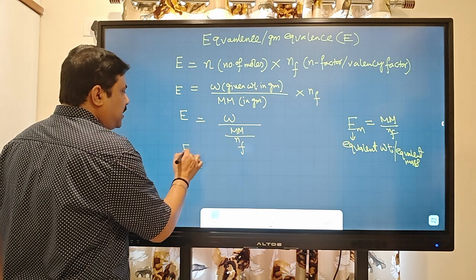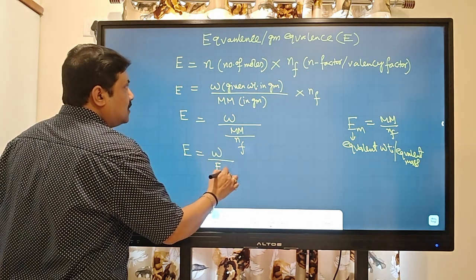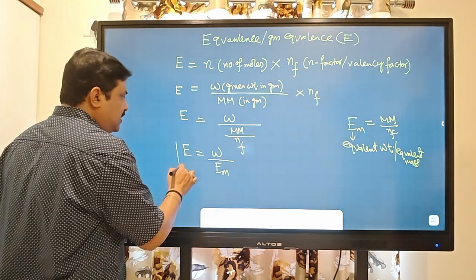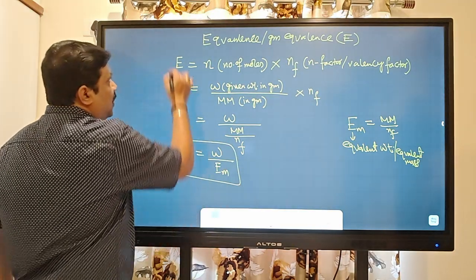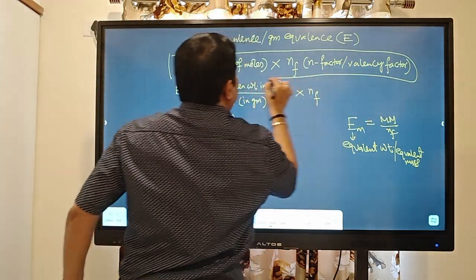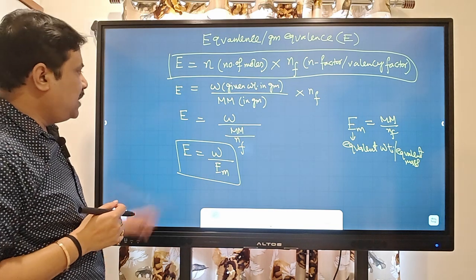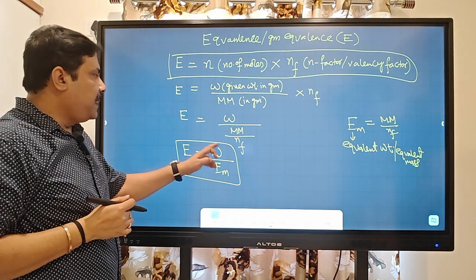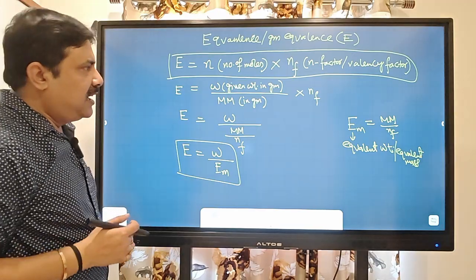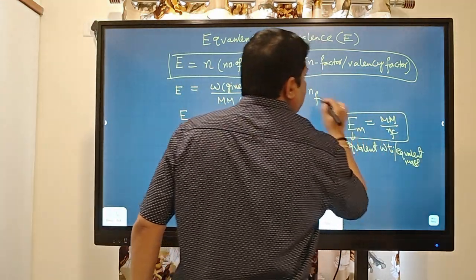Then equivalence will be equal to given weight by equivalent mass. E is nothing but equivalence, EM is the equivalent weight or equivalent mass. This is one important relation: equivalence equals number of moles into n factor, as well as equivalence equals given weight of the substance in gram by equivalent mass. Again, equivalent mass equals molar mass by n factor.